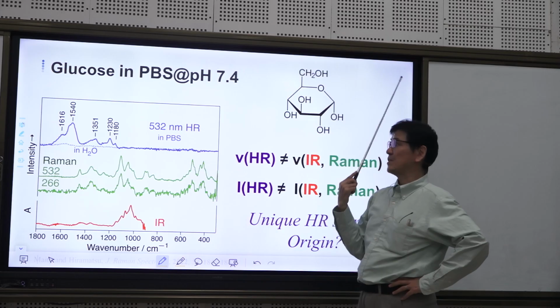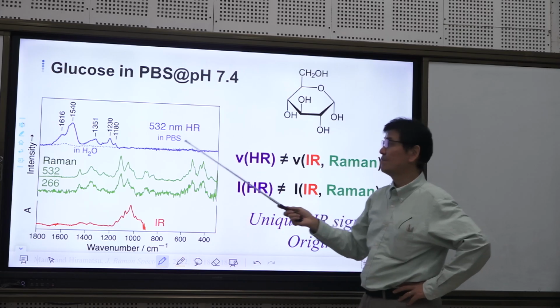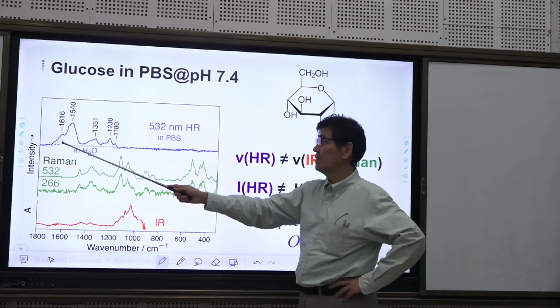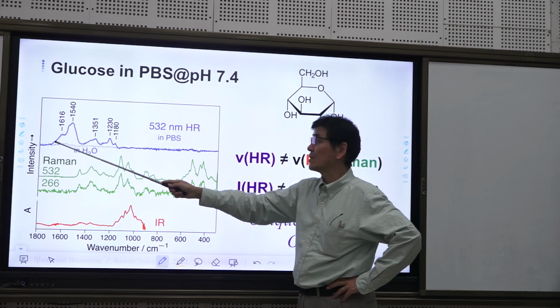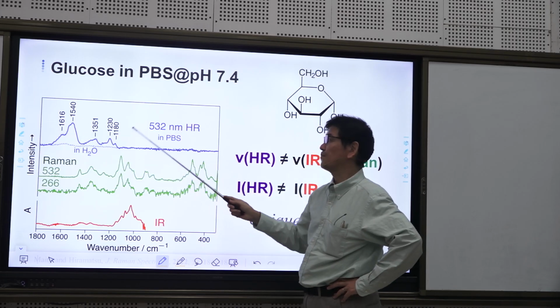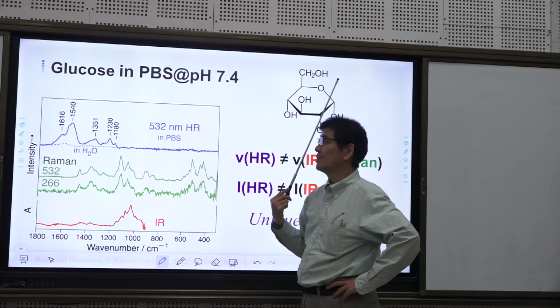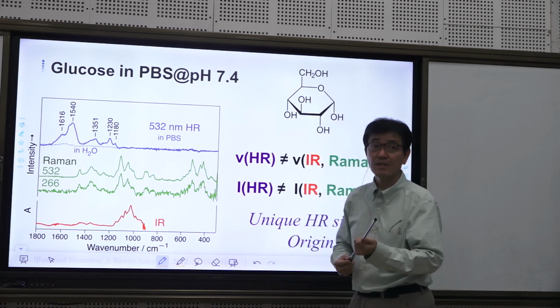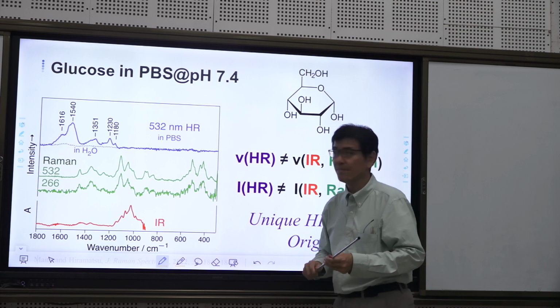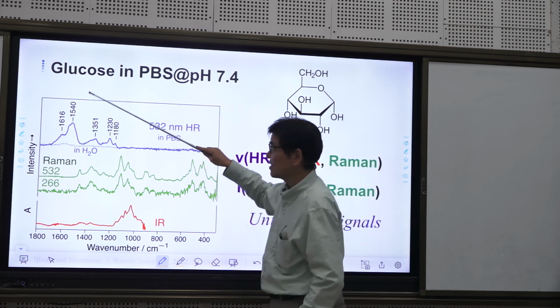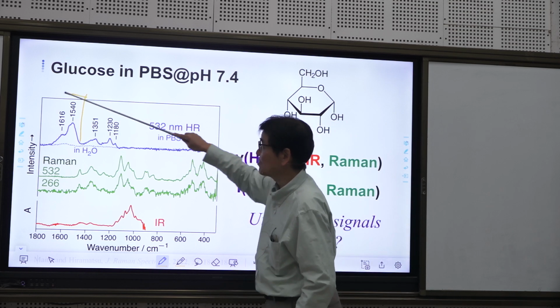Okay, let's measure the hyper-Raman spectrum. Then we observe the blue spectrum. At a glance, it's very strange. Why? Peaks appear above 1500 wave number.